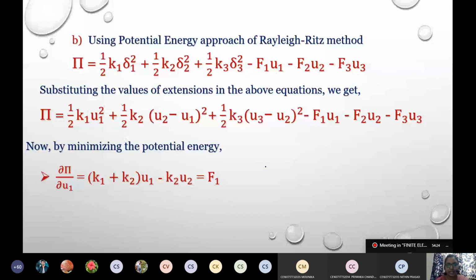I can clearly see that equation 1 is exactly the same as what we have got in the direct approach. So this is equation 2, that is differentiating the potential energy and equating it to 0 with respect to U2. Is this the same equation that you got?